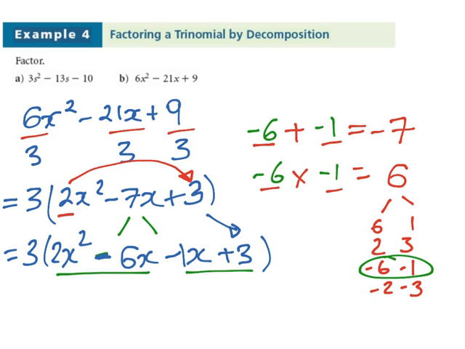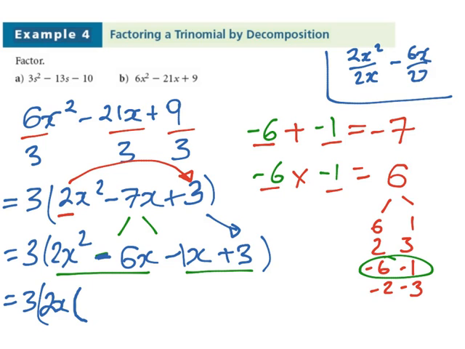So you have to ask yourself, what factor can I get out of the 2x squared and 6x? Well, the answer is I could get out 2x out of this. I'm just going to do it on the side so you can see a little bit better. 2x squared divided by 2x minus 6x divided by 2x.